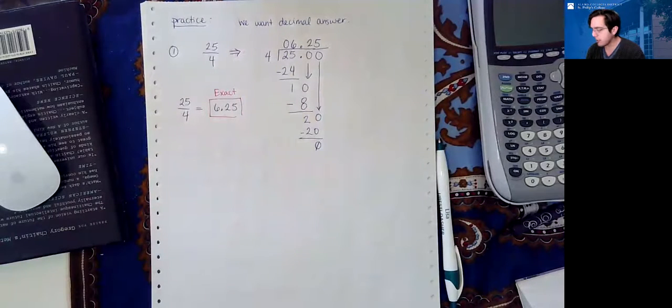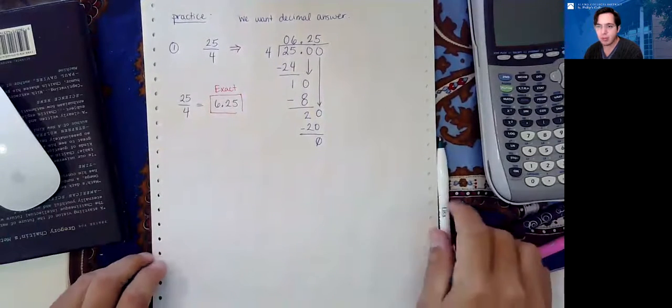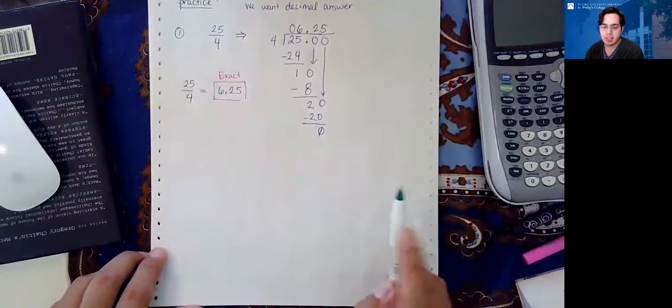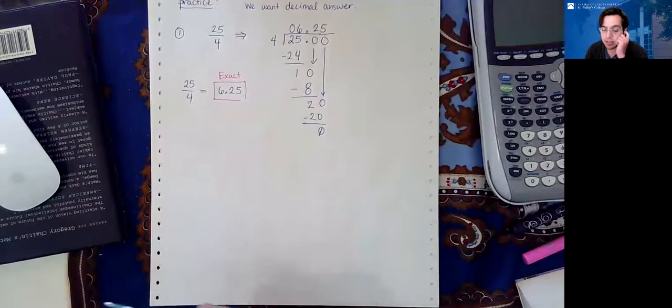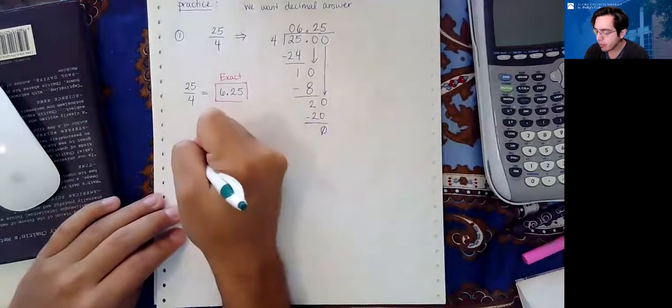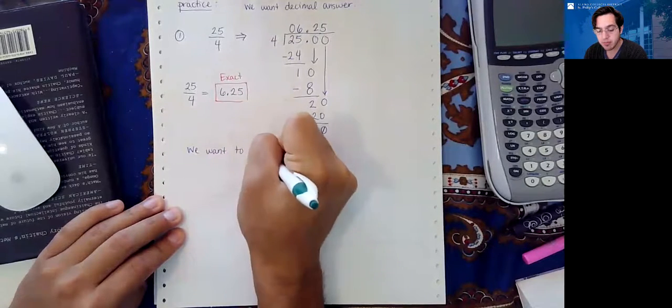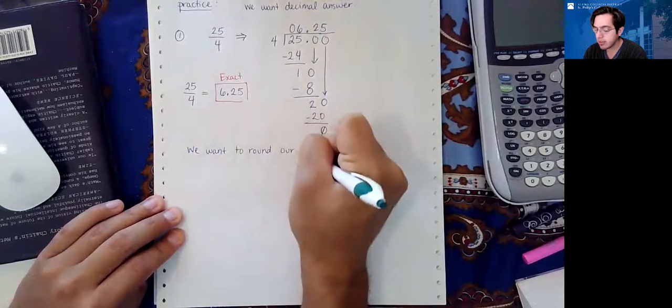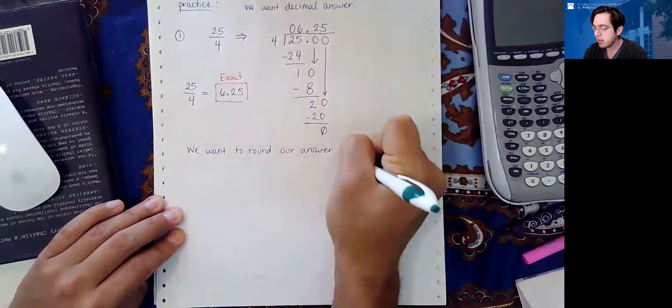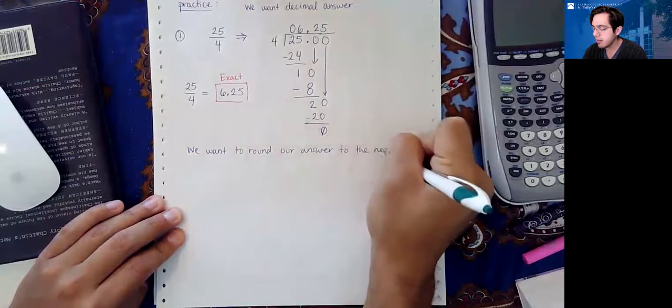But typically in a lot of the homework problems, they might ask you to round your answer to estimate something that's close to your answer. So let's say that we want to round our answer to the nearest. Can you scroll it up a little bit?